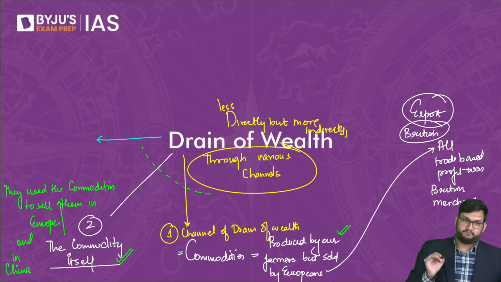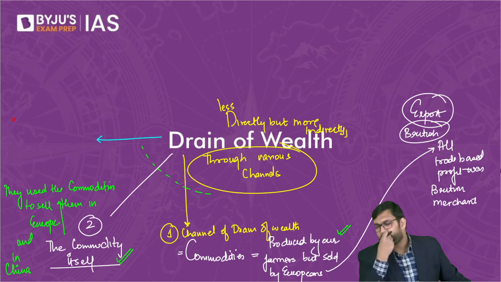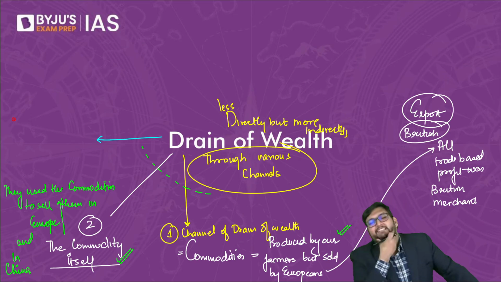Now tell me one thing. If the East India Company gives dividend to its shareholders, where is that money for the dividend coming from? India.